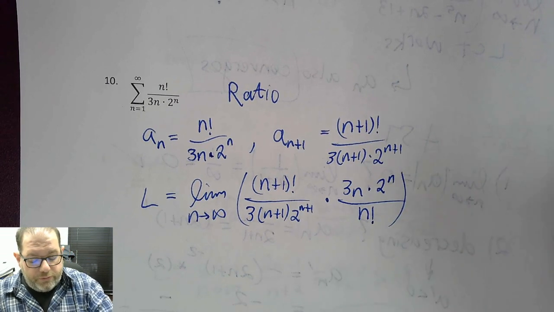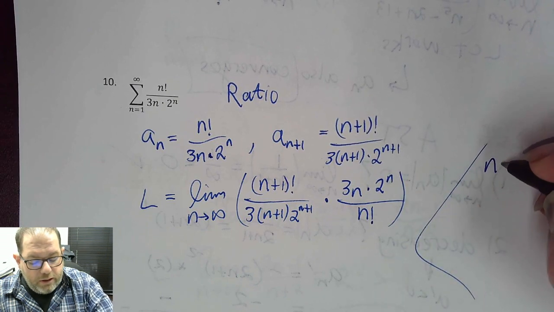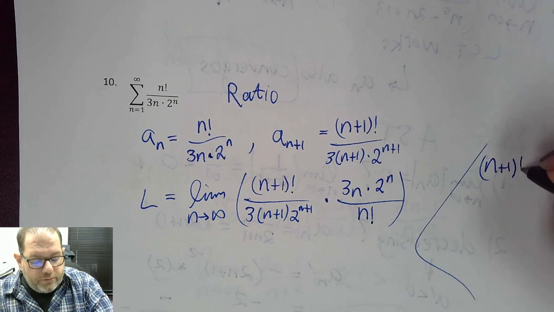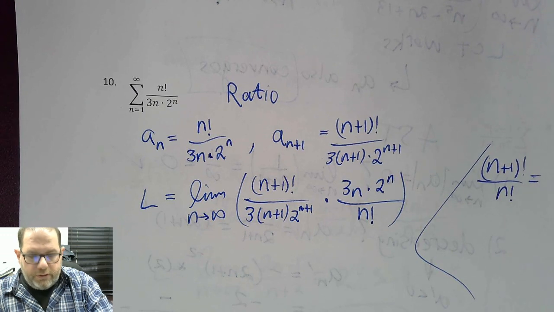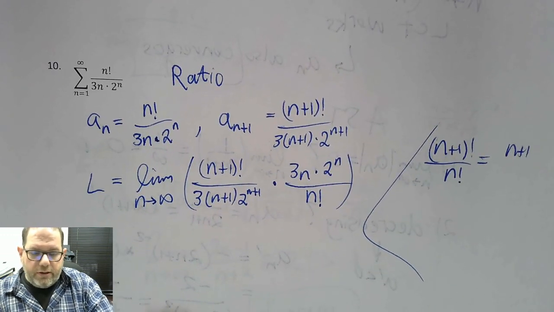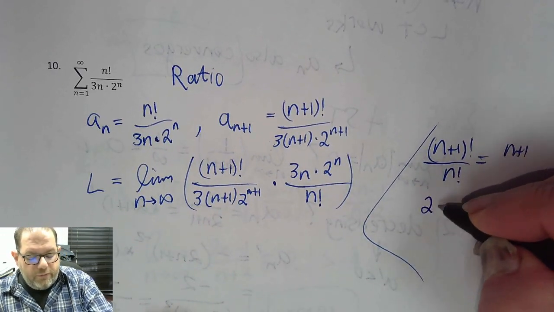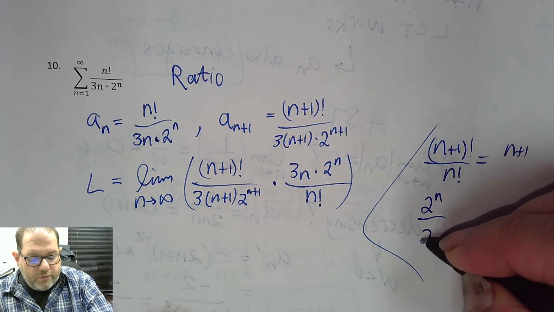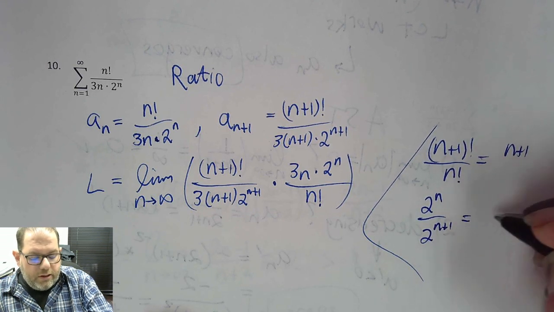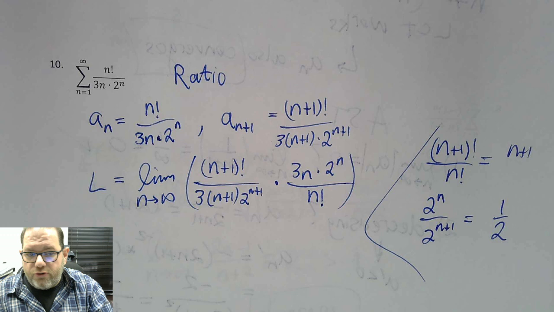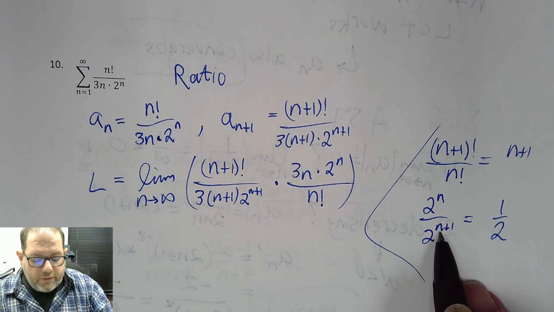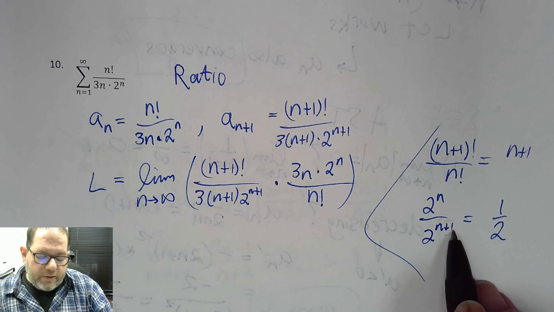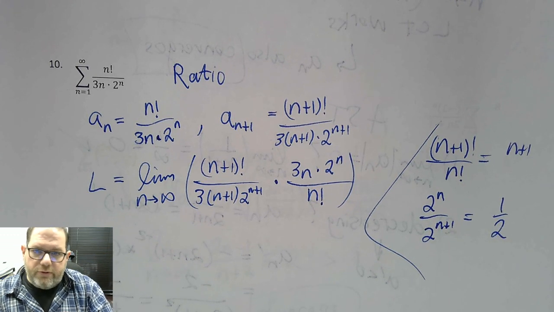The factorials, n plus 1 factorial over n factorial, is just going to be n plus 1 on the numerator. If we have 2 to the n over 2 to the n plus 1, then that leaves us with an extra 2 on the denominator, because the 2 to the n cancel out, and there's one extra on the bottom that's unaccounted for. So we still have a 1/2.